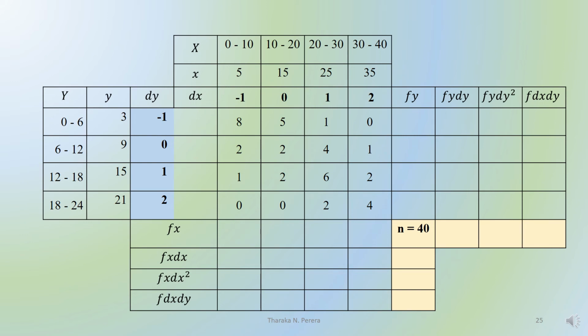As an example, for y value 21, we can get the dy value by 21 minus 9, which is the assumed mean of y, and divide by the class width 6. We get the answer plus 2. Likewise, we can complete the dy column.